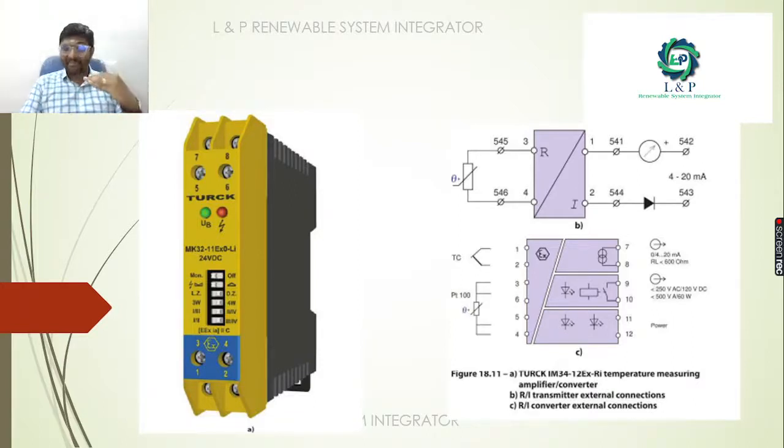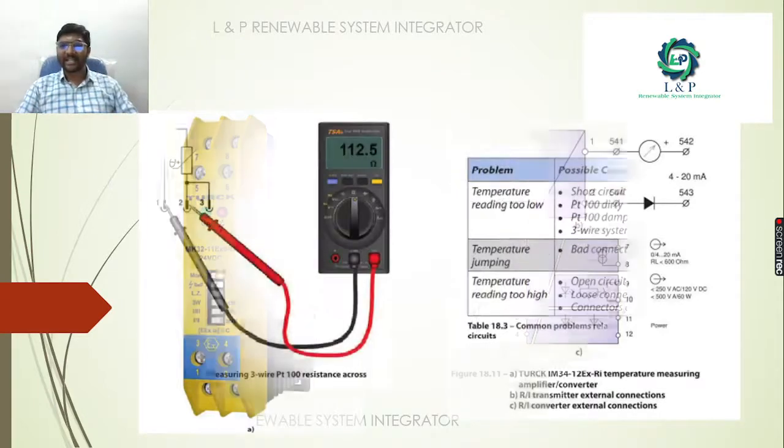Nowadays, the same thing is available as a chip inside the PLC, that is programmable logic controllers. We normally refer to it as an analog current card. Its output will be 4 to 20 milliamps. Apart from 4 to 20 milliamps, sometimes we can convert them into voltages also. But for mostly all the temperature applications, we are converting them into 4 to 20 milliamps. We are converting the resistance to current.